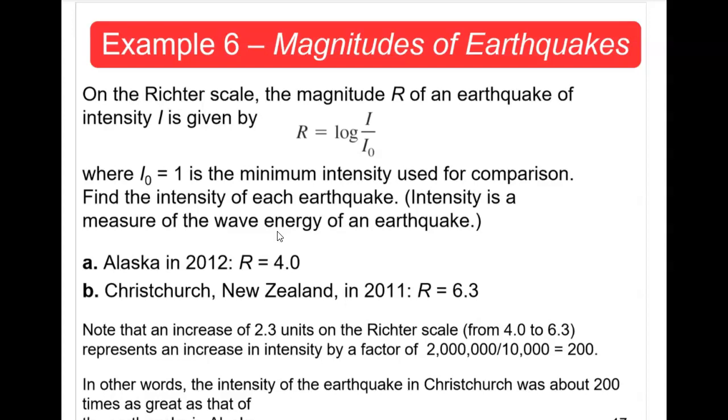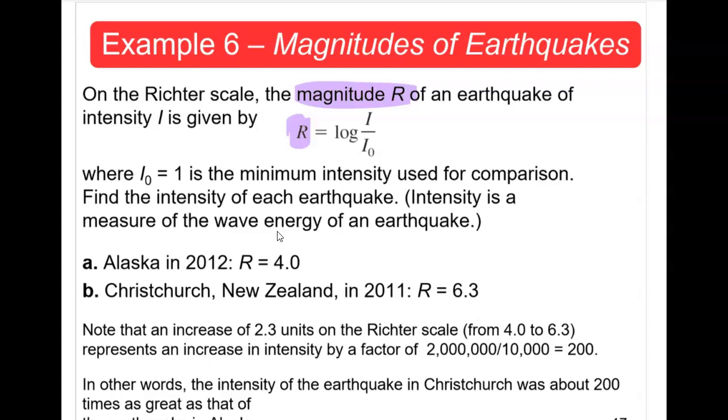But here another example of an application of a logarithmic function will be the Richter scale of an earthquake. And so we use capital R as our output, and that is the magnitude of an earthquake. And I know that you have heard maybe on the news when there's an earthquake, there's always a number that comes attached to it, and that tells you if it was bad or not as bad or devastating.